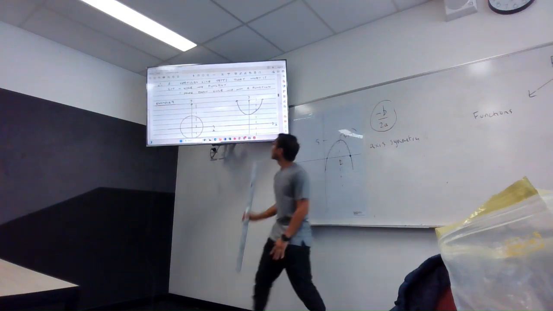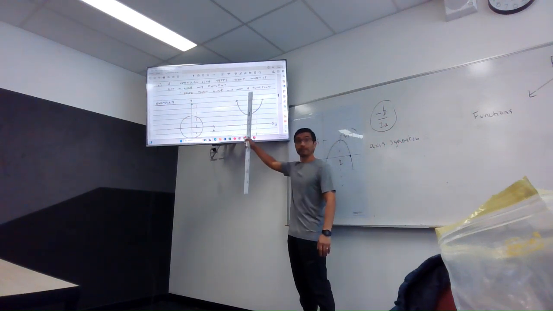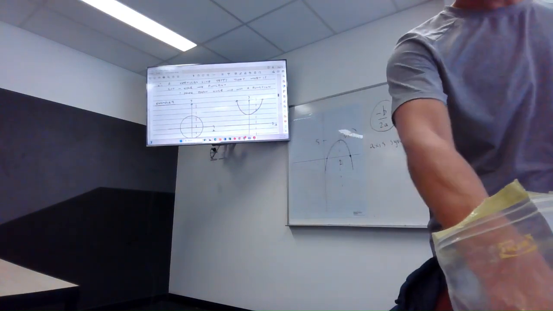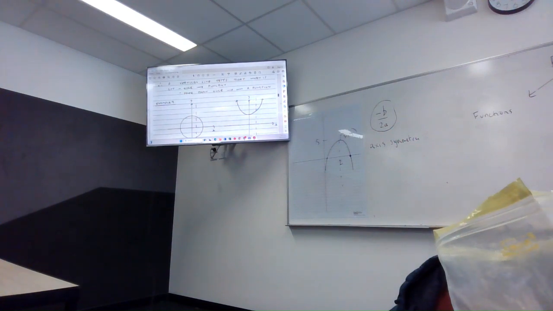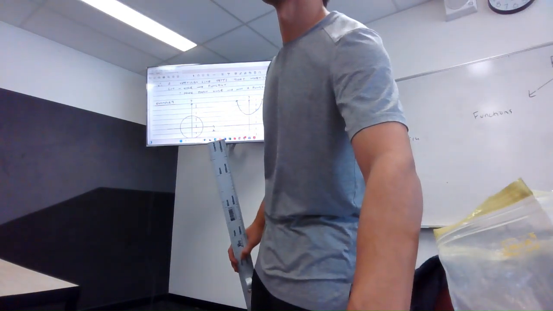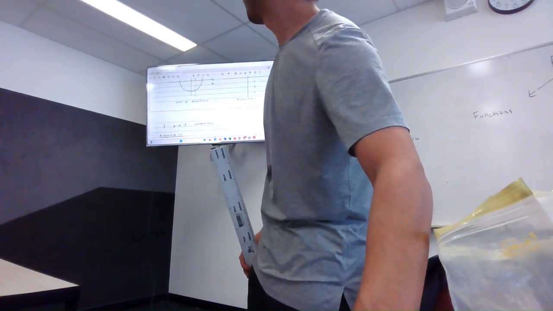Here, Amrita, it's quadratic. Function or not a function? It's a function. Why? There are no shared values. Also, what's happening with the vertical line test? It cuts once.